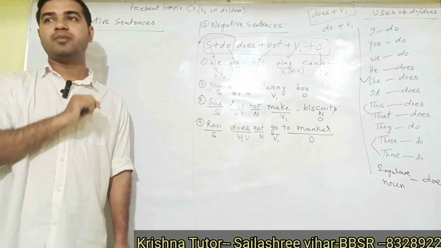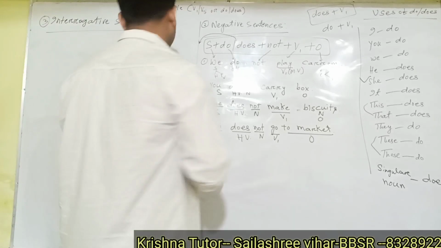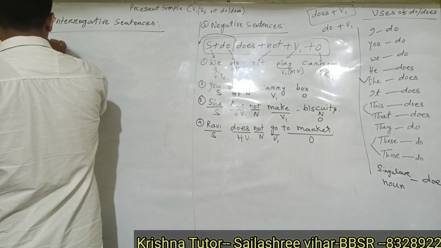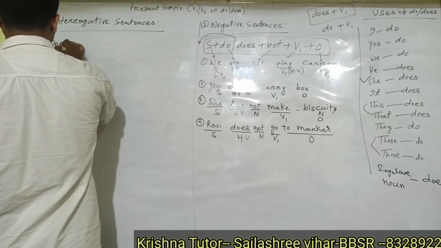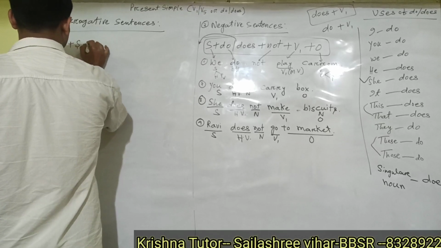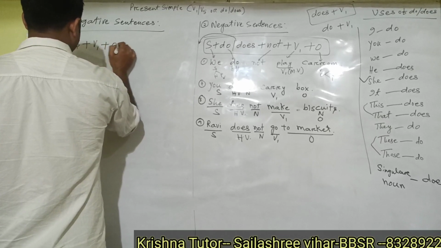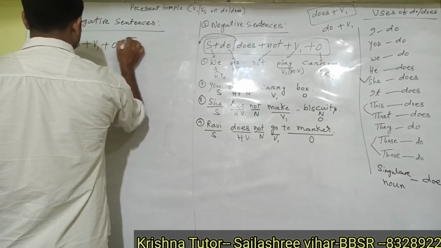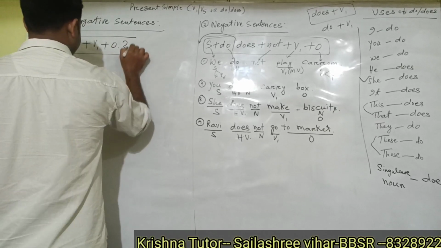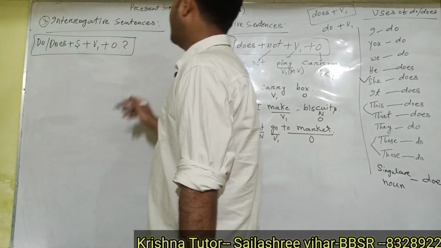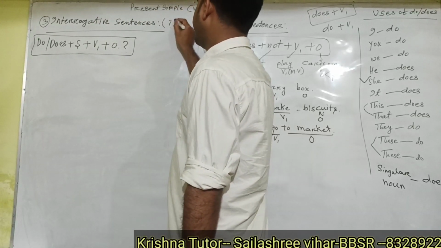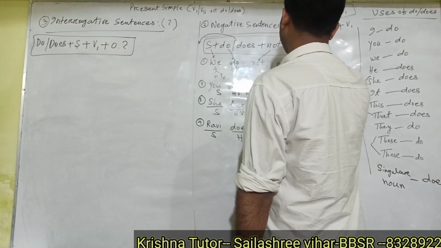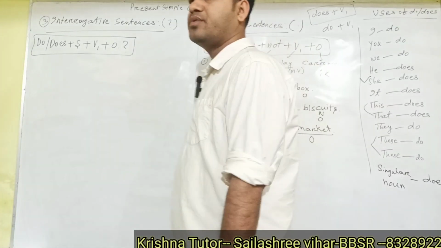So it becomes do or does plus subject plus B1 form plus object, then question mark. After an interrogative, you need to put a question mark. After a negative, a full stop, or affirmative also, you have to keep a full stop.